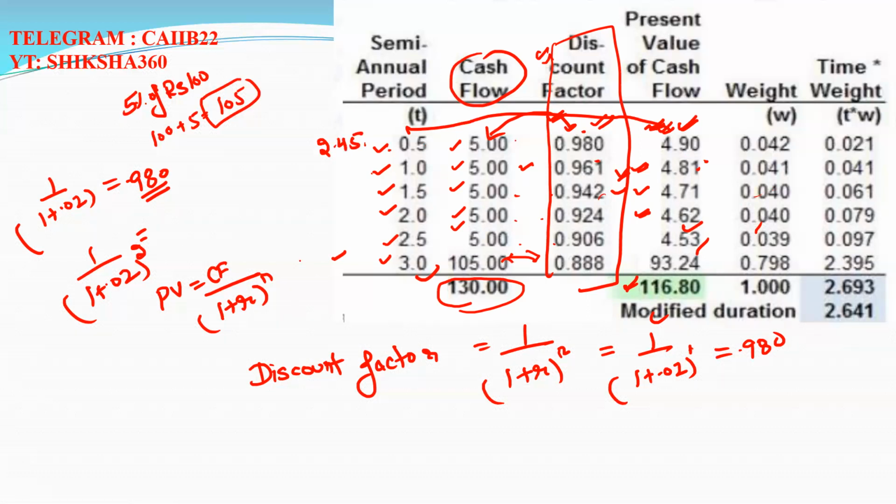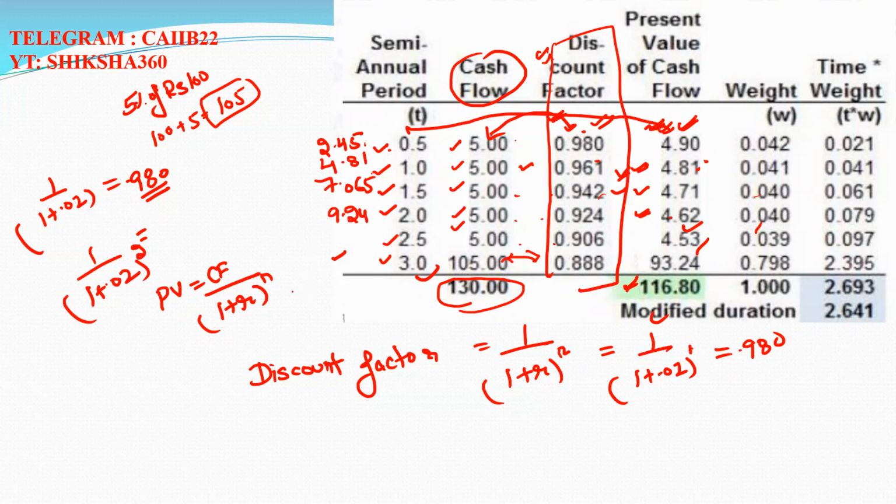Okay. Second one, 4.81 multiplied by 1 comes out to 4.81. Third, 4.71 multiplied by 1.5 comes out to be 7.065. Fourth one, 4.62 multiplied by 2 comes out to be 9.24.